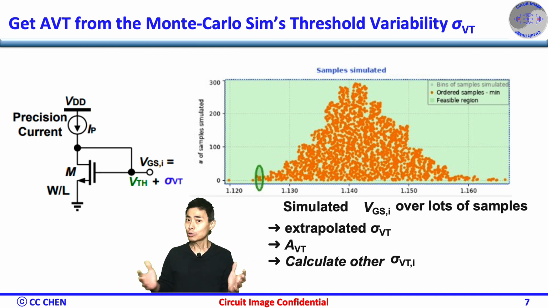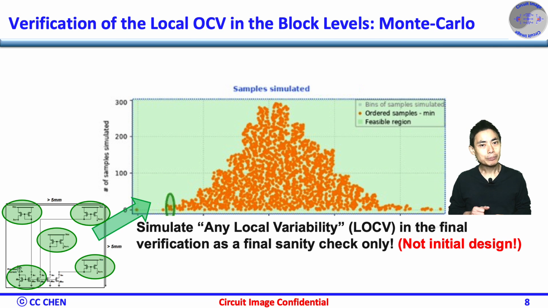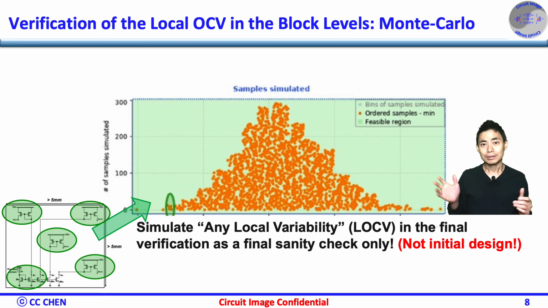Finally, how do you verify the local variability precisely? Bingo! The most popular and precise way to verify the LOCV at your algebra block level is through the Monte Carlo simulation as well. Any foundry should provide the variability information in their SPICE model, such that the circuit designer can run the Monte Carlo simulation in any simulation tool to get their design precisely in the variability.